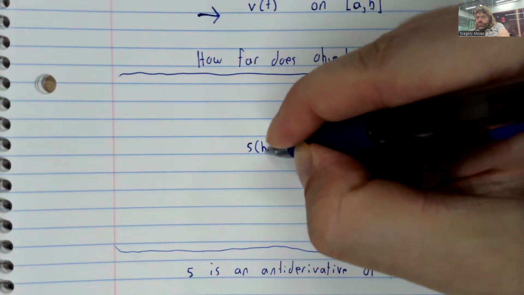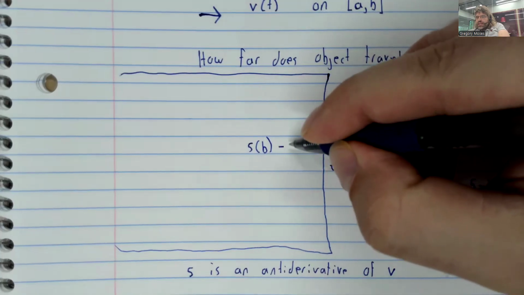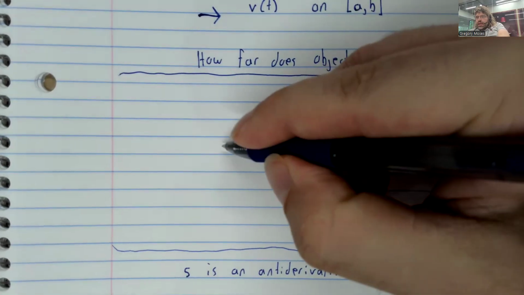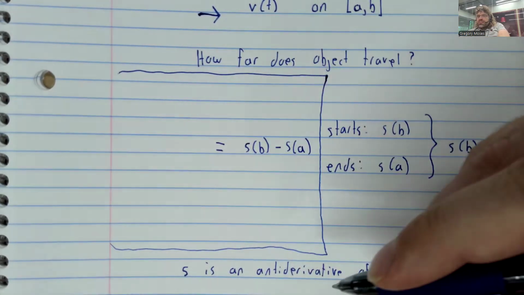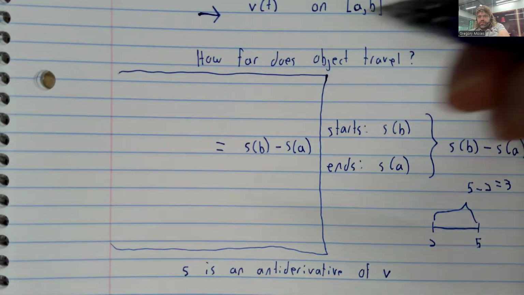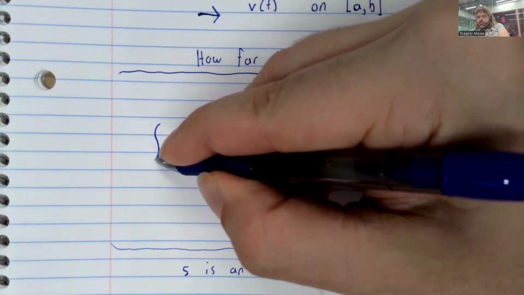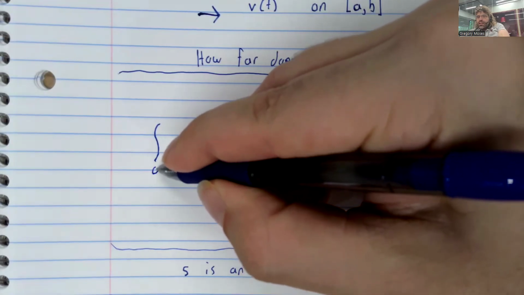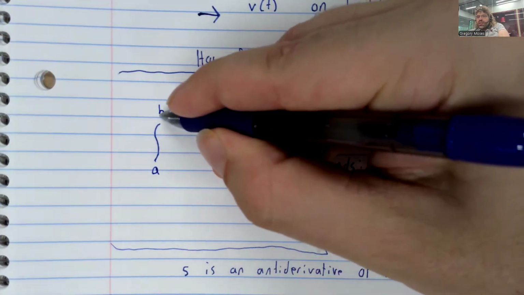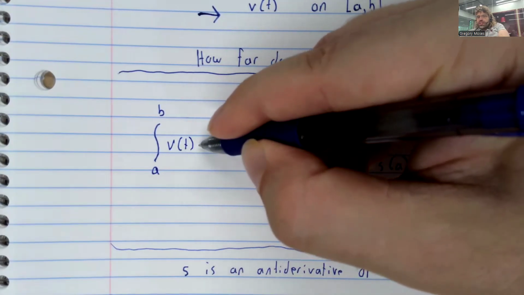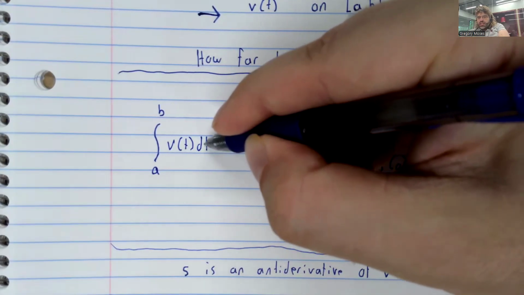It's S of B minus S of A. And considering that S is an antiderivative of v, this is precisely the definite integral from A to B of v of t dt.